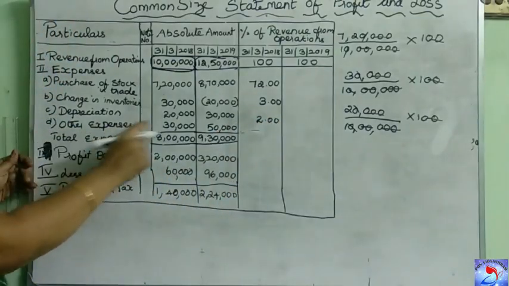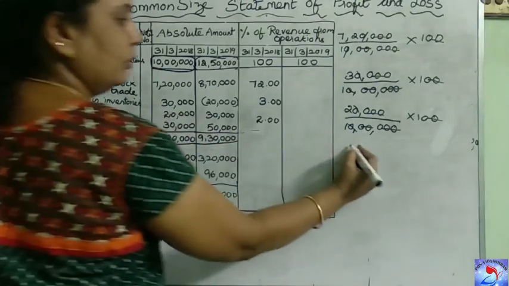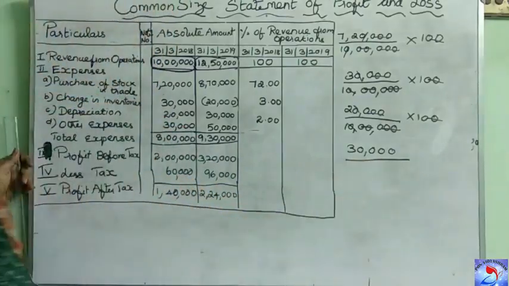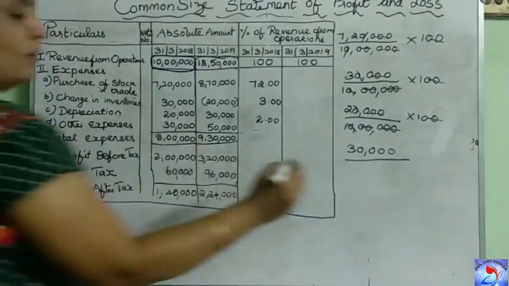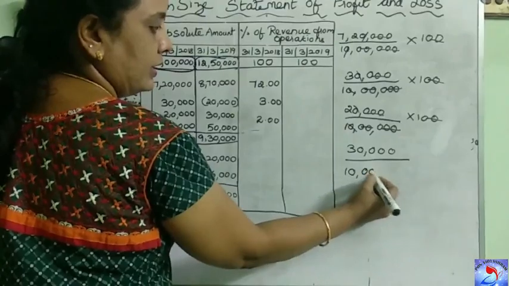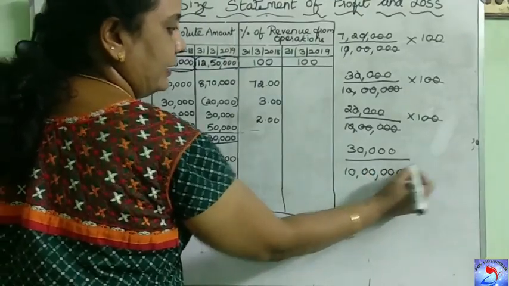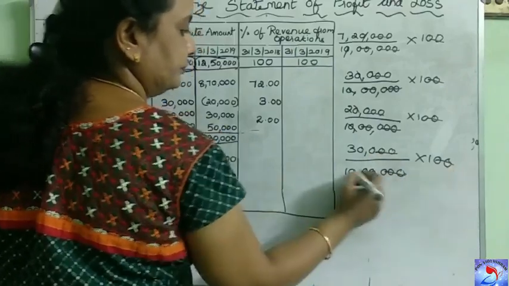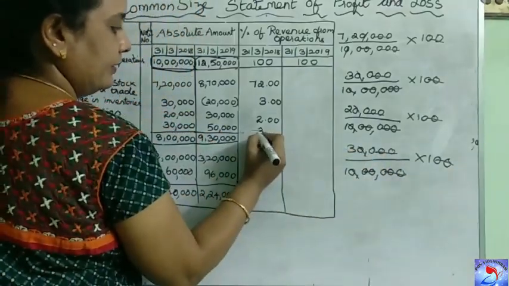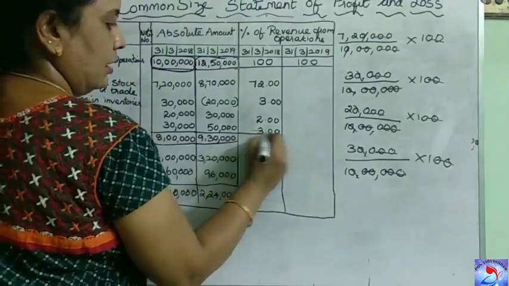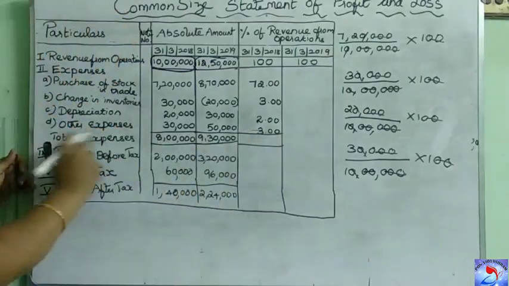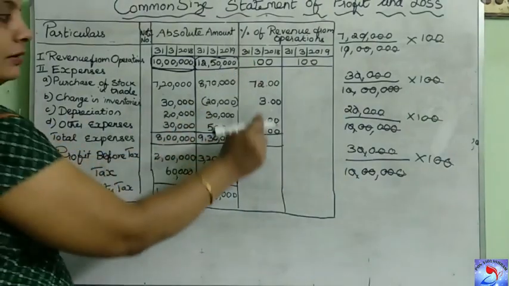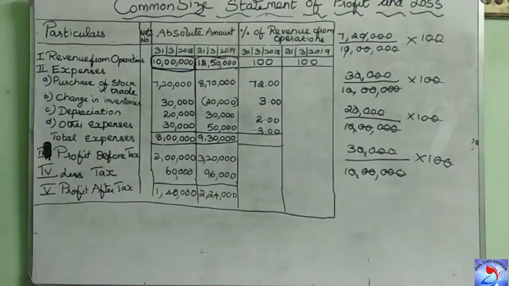Again, other expenses. What is the amount? 30,000. The base amount is revenue from operation. So 30,000 divided by 10 lakh into 100 gives 3. Now here comes the total expenses. Children, we always have the habit of adding all these up for the total expenses.